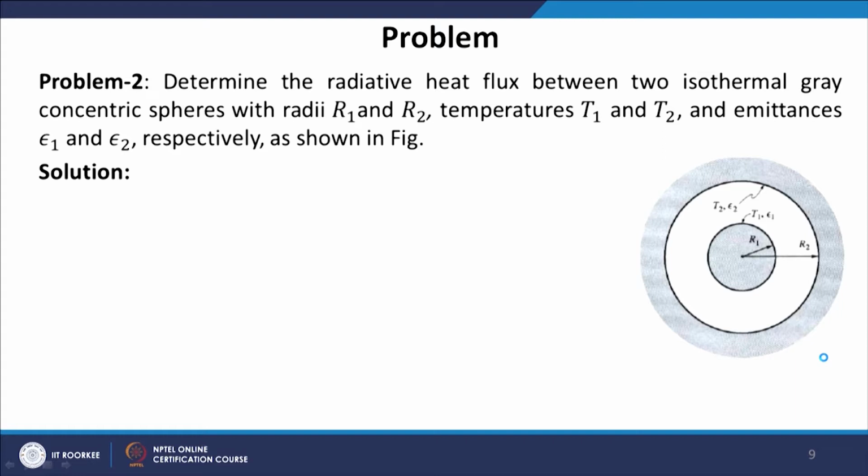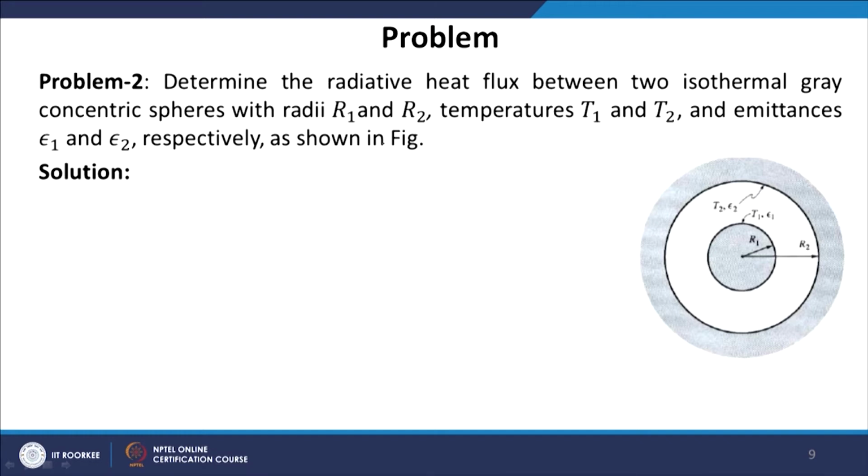The inner sphere has radius r1 and the outside sphere has radius r2. The temperature of the inner sphere is T1 and emittance is epsilon 1. The outside sphere has temperature T2 and emittance epsilon 2, and everything is uniform. So, we have to find out the radiative heat flux between the two spheres. Let us solve this problem.